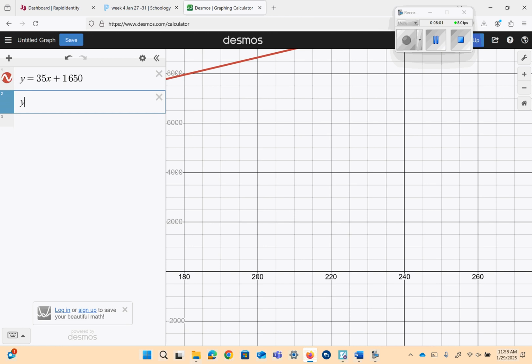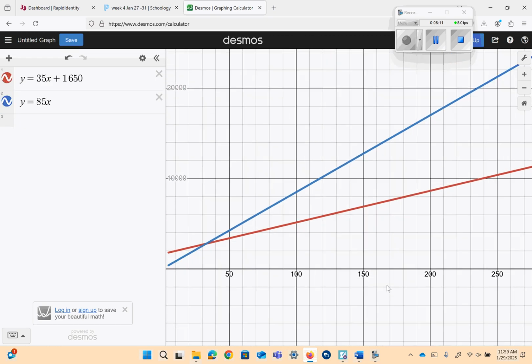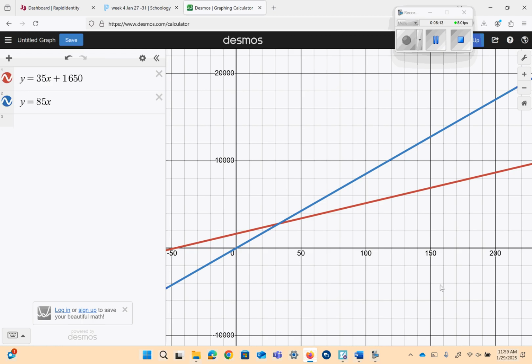And then y equals, rather than R of x, 85x. It looks like these are going to intersect each other. The nice thing with Desmos is you click the little button. So once you make 33 items, you are breaking even.